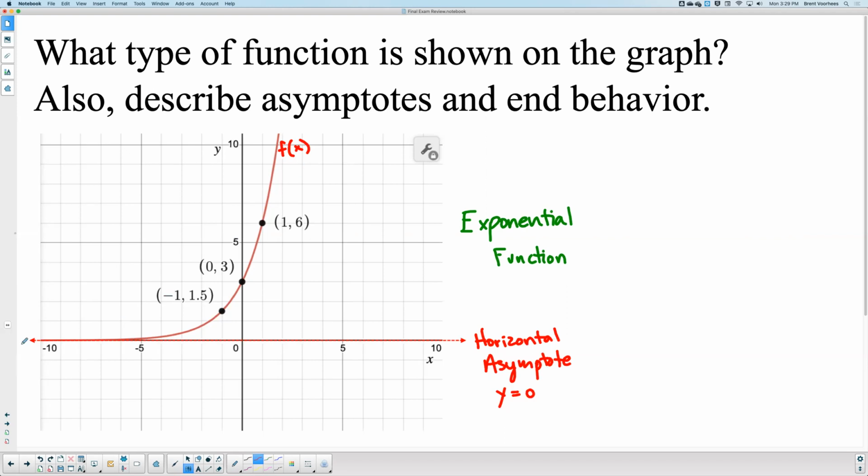The end behavior would tell me that if I wrote a limit as x approached the left, which would be negative infinity, the y values don't rise, they don't fall. What they do is they get really flat and they stay flat at the y value of 0, that horizontal asymptote value. Now, what happens as the graph travels to the right?